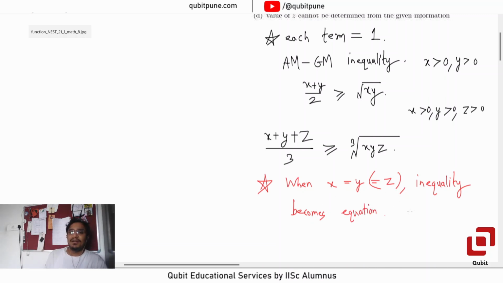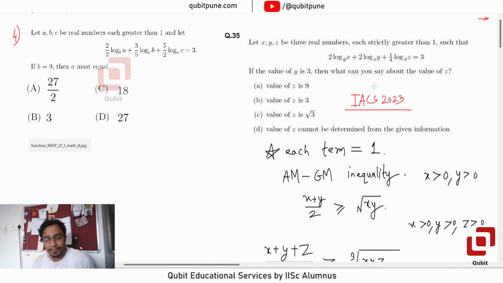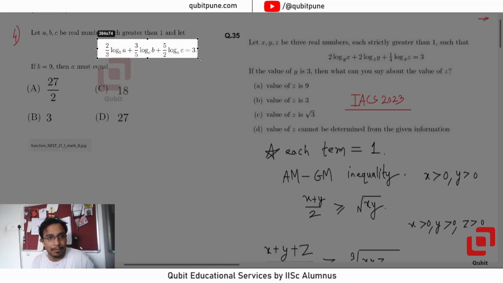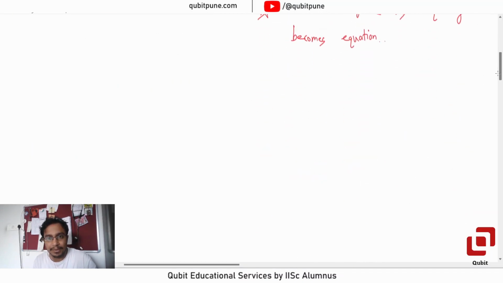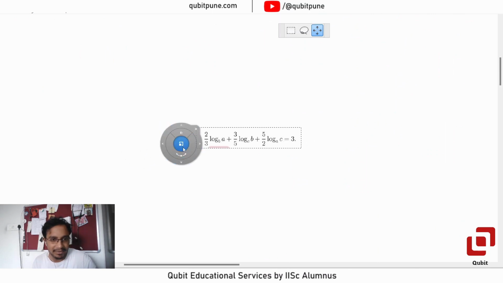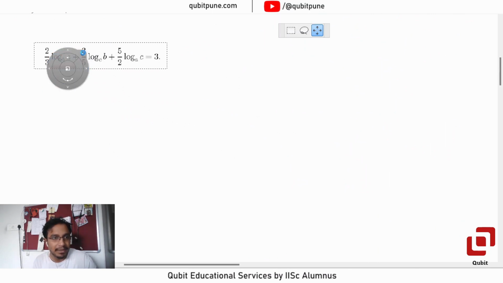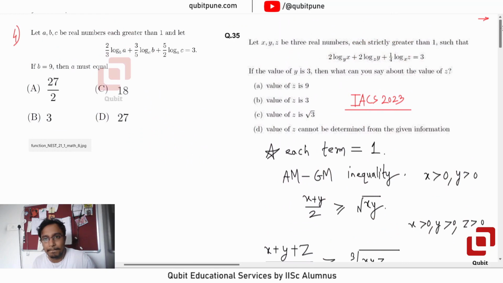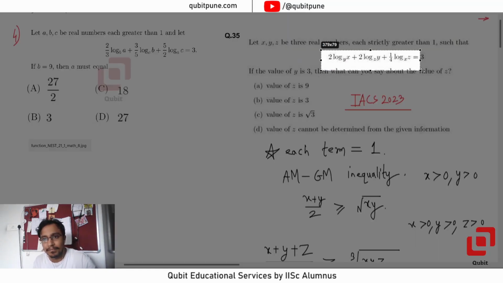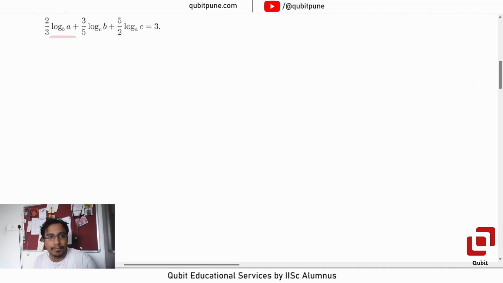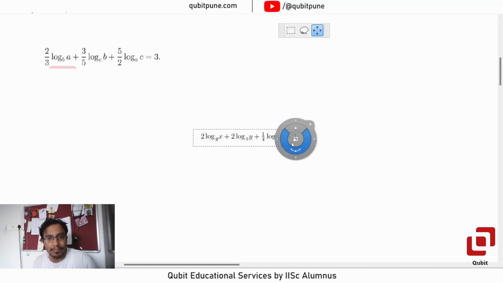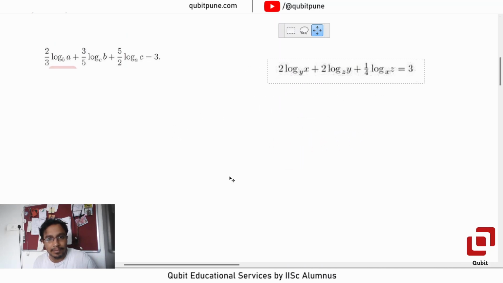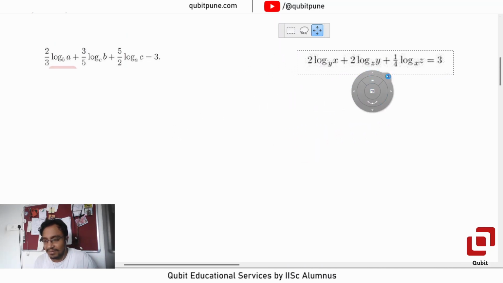Now we will solve both the problems simultaneously because the pattern is the same for both the problems.